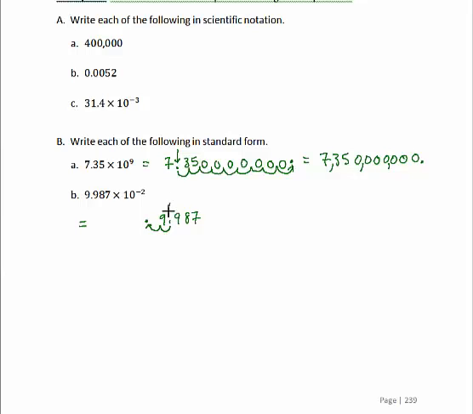So it's going to start here and move 1, 2 to the left, and any blanks we fill in with a 0, and so we could write 0.09987. And if you like the way it looks, you could put a 0 in front of the decimal point, but it's not exactly necessary.